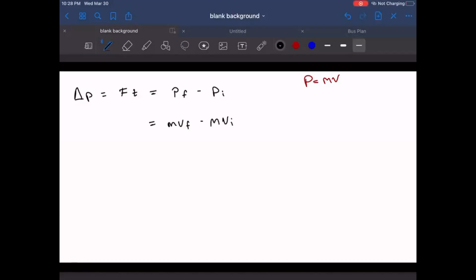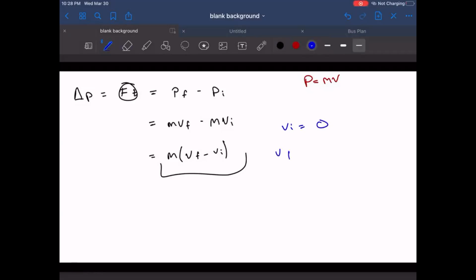M times V initial, initial velocity. And you can also say it's M because the mass never changes from initial to final. So a change in velocity gives a change in momentum, which is an impulse. That's just your general stuff. But as we were saying before, V initial is 0, we should assume.